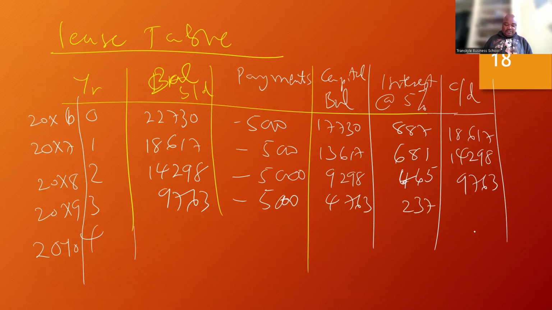And we increase that amount to 5,000. We take the 5,000 to that side, make a payment of 5,000, and we are done. The capital balance is 0 now, because 5,000 minus 5,000 is 0. That's the end of the whole thing.